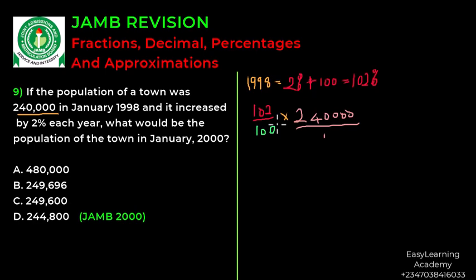To do that, the last zero here, we cancel the last zero here, and this other zero here, we cancel this other zero here, and then we multiply 102 by 2,400.